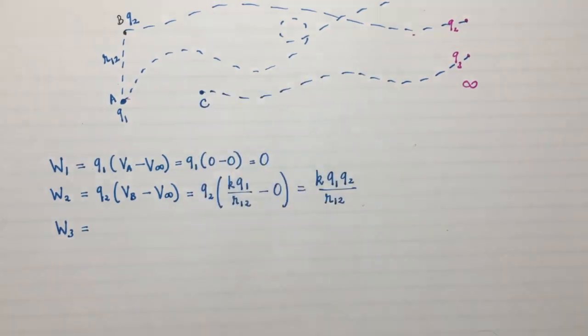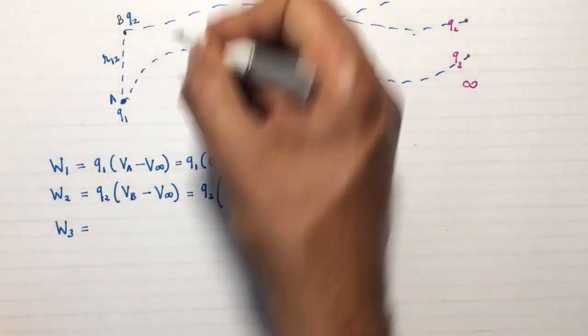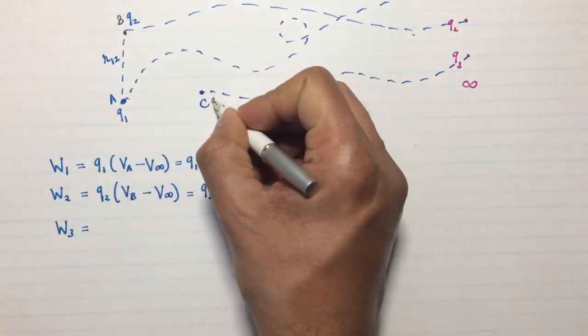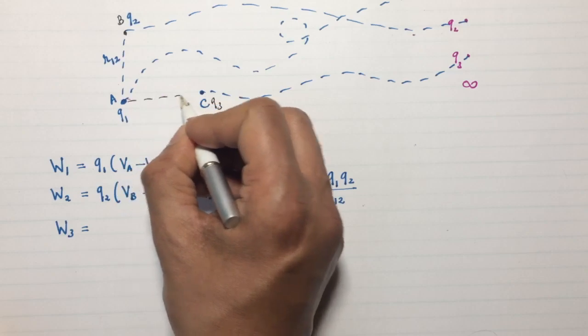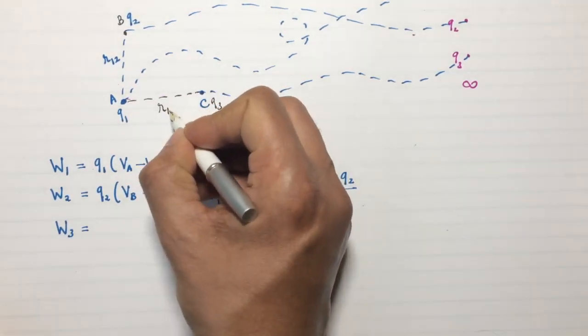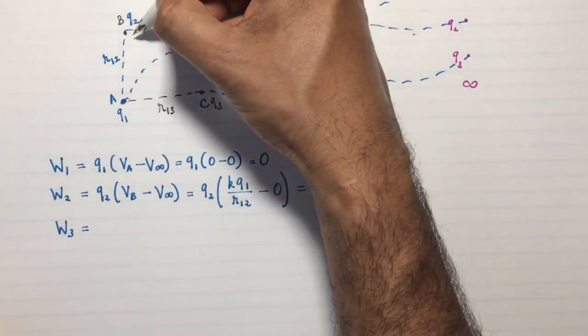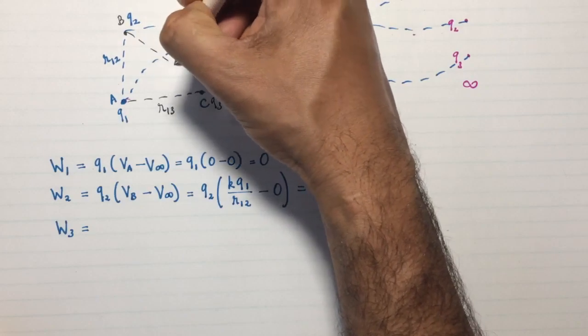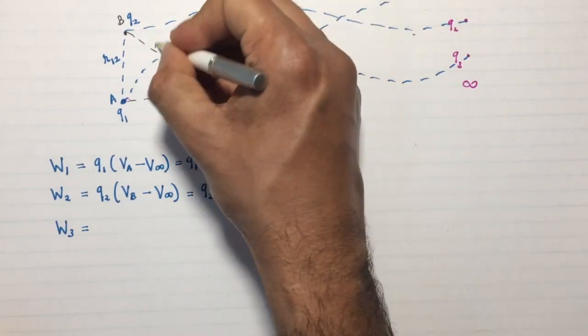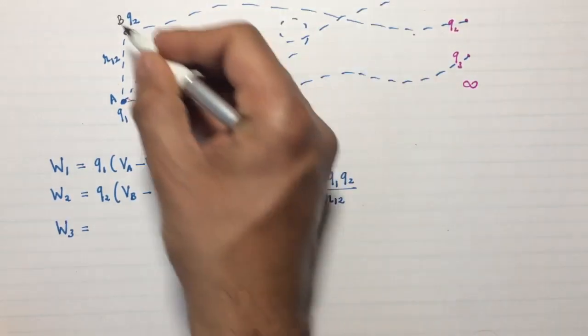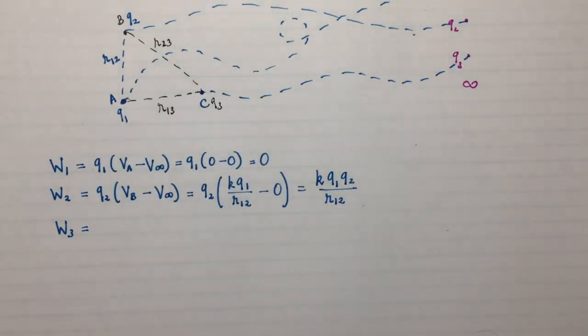We'll call that point C. And I'm going to put similar distances. Since Q3 is going to end up there, we're going to put a distance of R13 here, and we're going to put a distance of R23. So those are the distances from the previous occupants of this neighborhood.